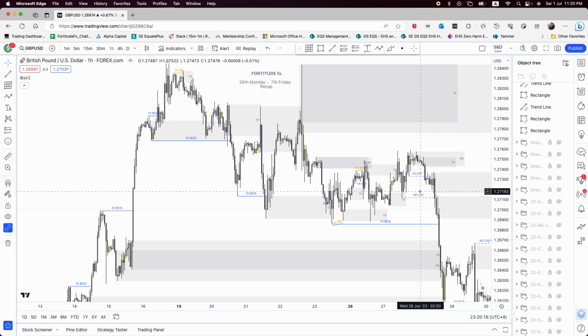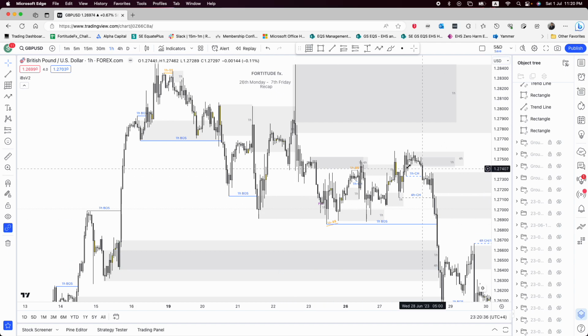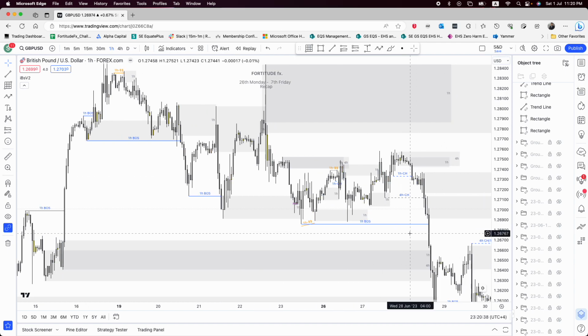The ranging to happen. So typically you don't want to get involved in this. You want to be involved in some really high, quick impulses in either direction where you're getting clean price action, clean entry models. But if something like this comes in, it becomes low probability. Of course, if a clean setup does come in here, do take it per your trading plan. But I would recommend that you avoid this because this becomes low probability.